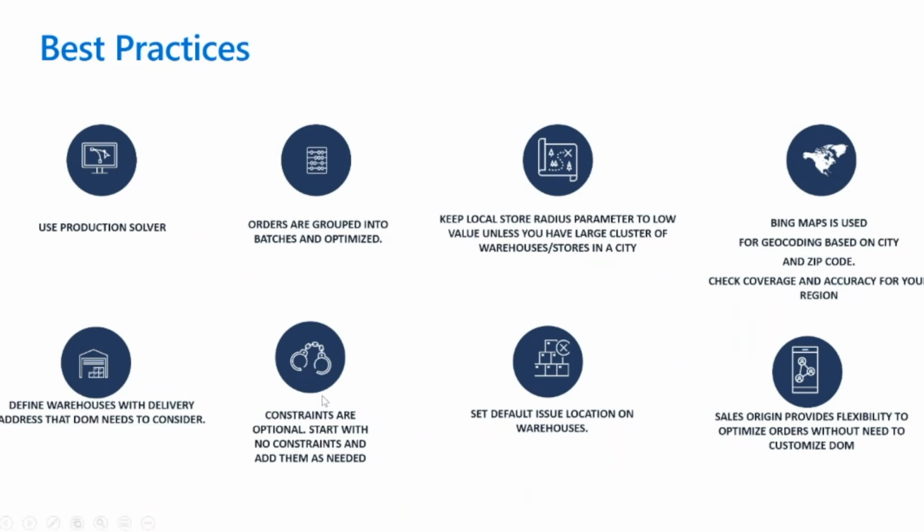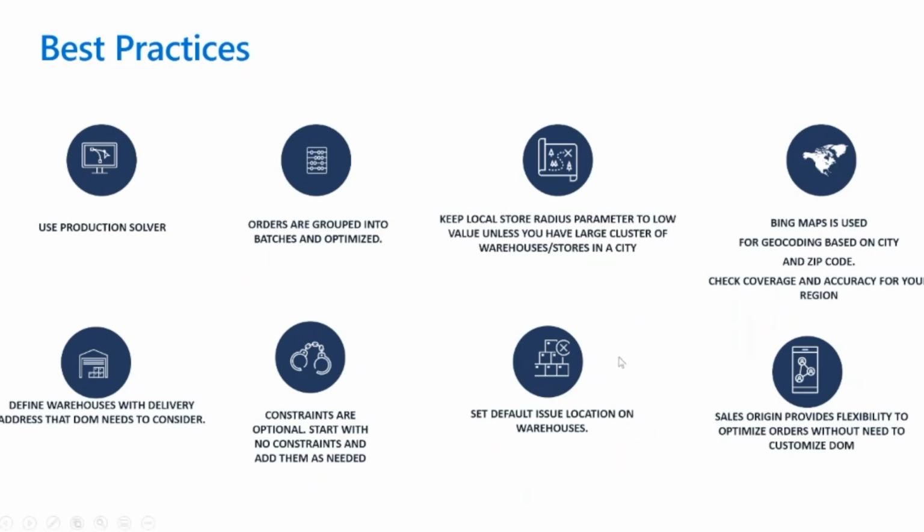When you are implementing DOM constraints, you can start with soft constraint, and then as per the business state, you can go for the hard constraint. But recommendation is start with soft constraints. Always define a default issue location on the warehouses.